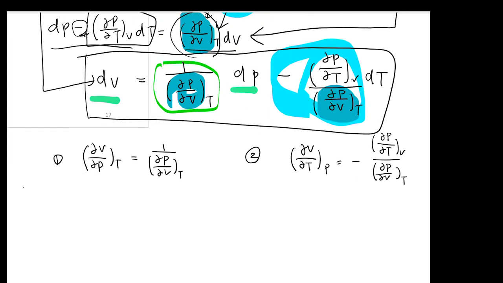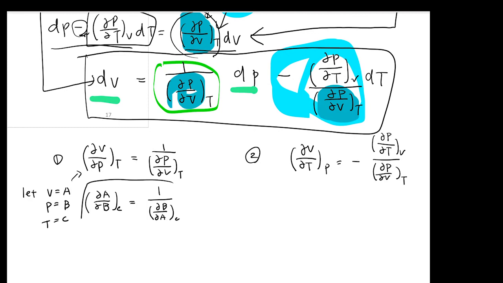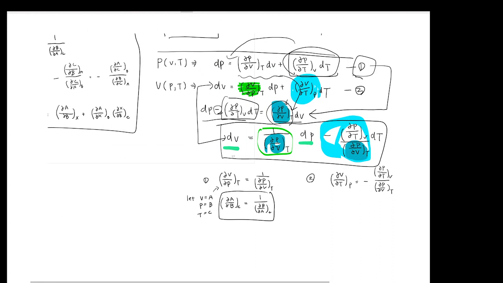I'm going to let V equal A, P equal B, T equal C, and then plug into here. Then I can rewrite this as partial A over partial B at constant C equals 1 over partial B over partial A at constant C. And this is our equation number 1.